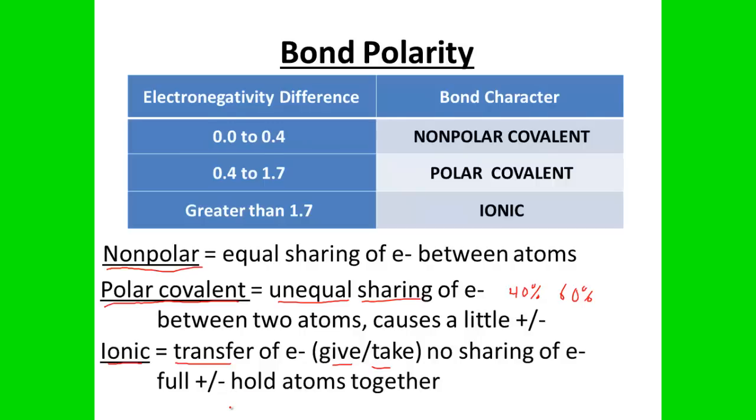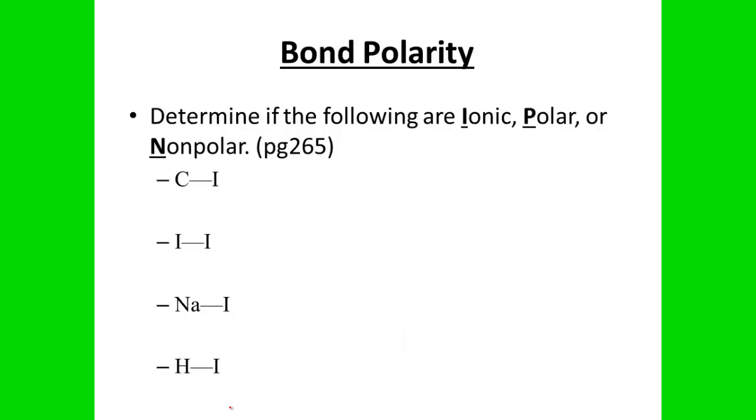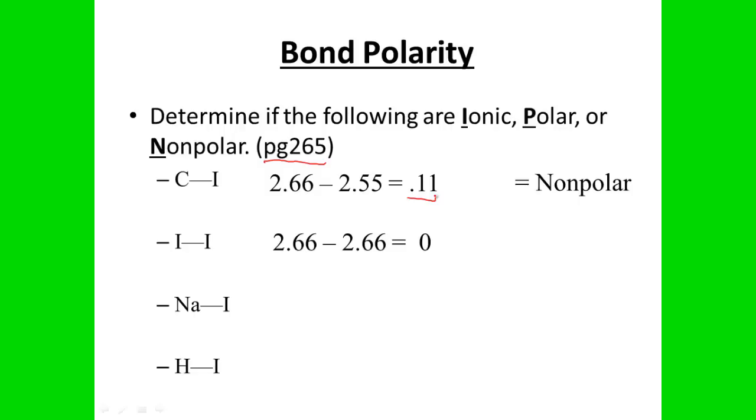That is the difference between those three types of polarity. So if we were to do this using page 265, we look at the difference between the two. If we had a carbon-iodine bond, 2.66 minus 2.55, we get 0.11. On our chart, that would be a non-polar bond. Iodine-iodine, same elements, same numbers, gets us a 0, which would also be nonpolar.